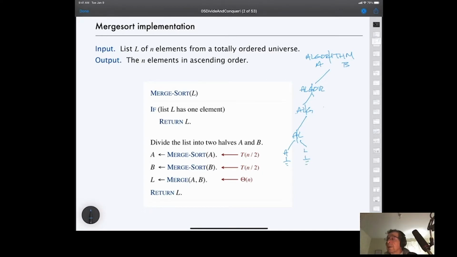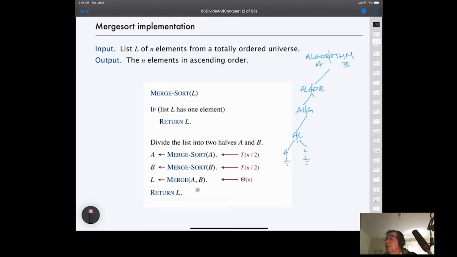Now, when that happens, we are at this point of the program, when we have returned from the two recursive calls. And now it's time to merge. So we merge A and L according to the process we described before.